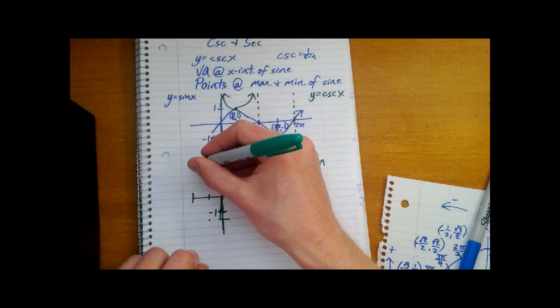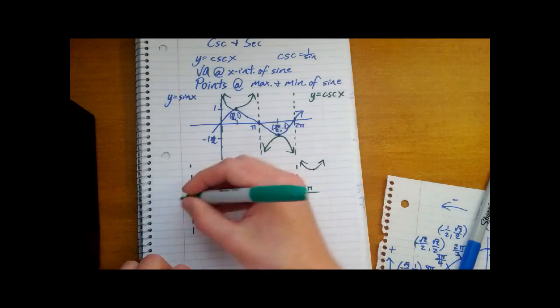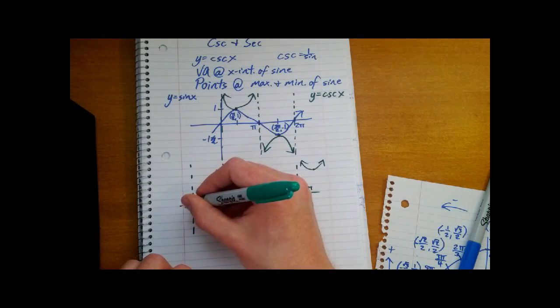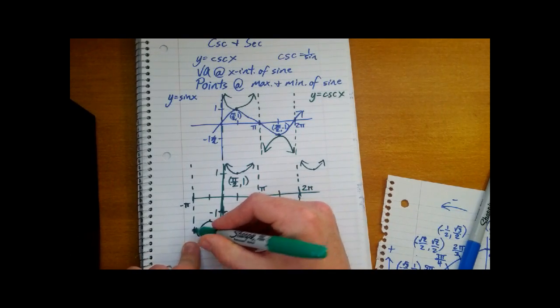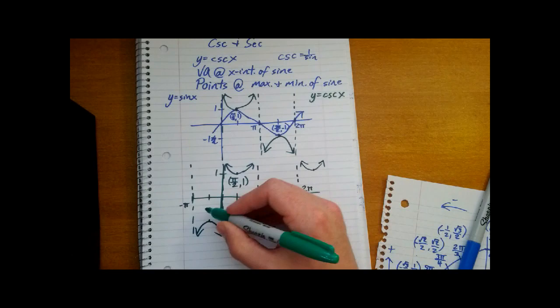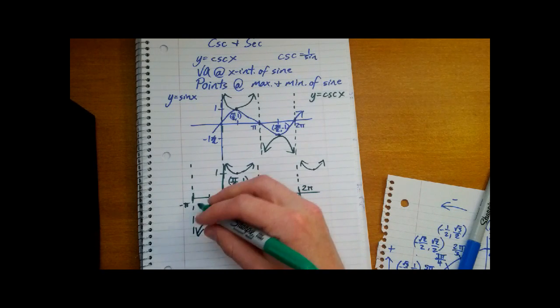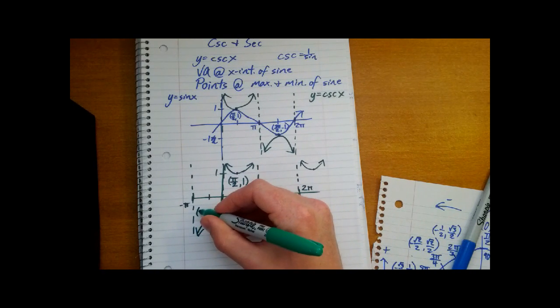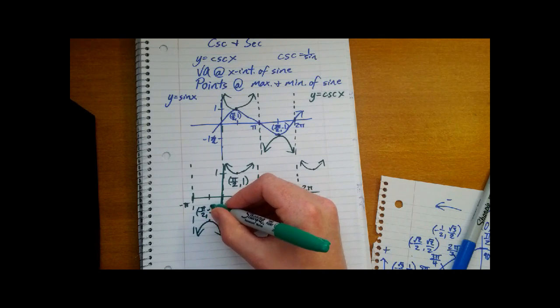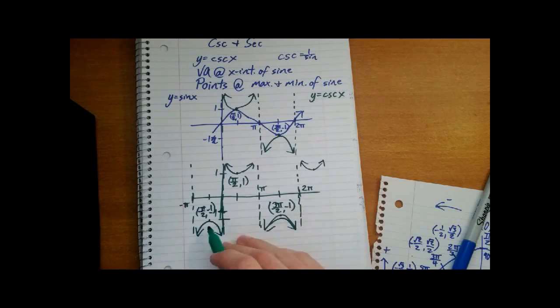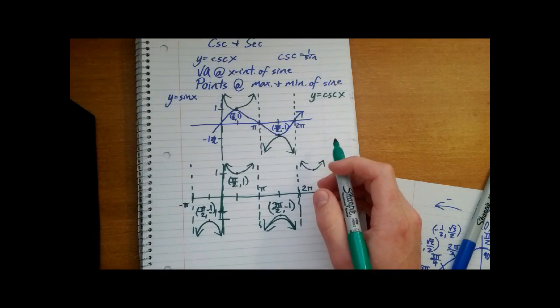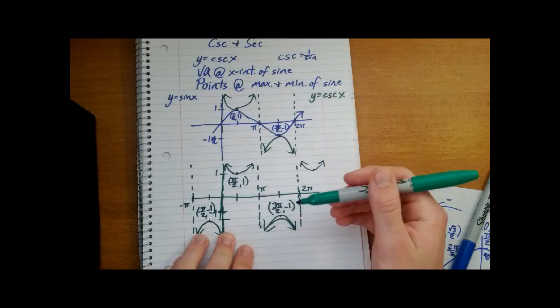We'll have a vertical asymptote at negative pi, and a point here, negative pi over 2 and negative 1. So that is 2 cycles of the graph of cosecant.